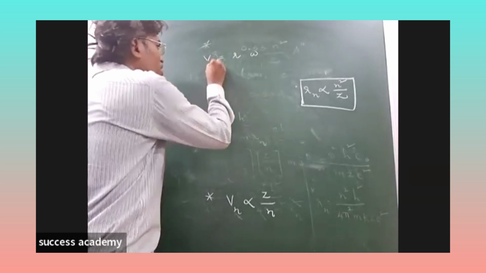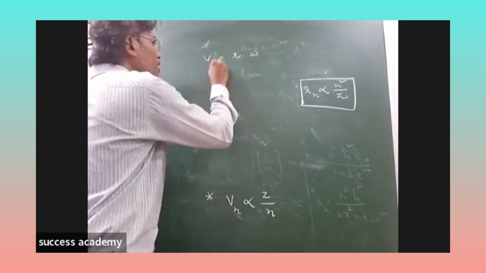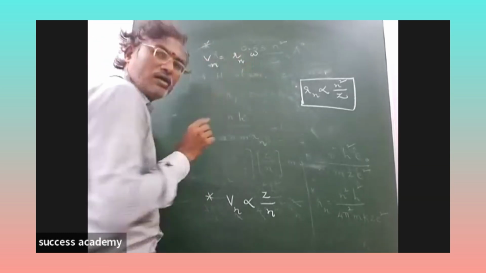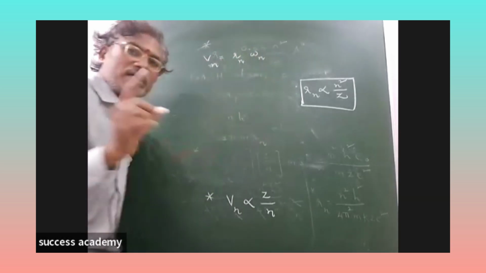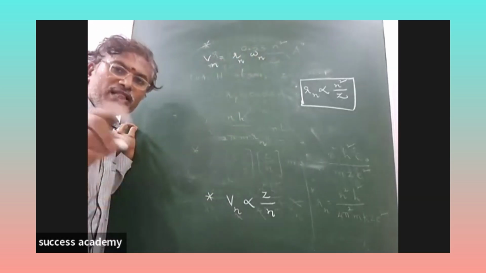So Vn is the velocity of the revolving electron in the nth orbit, Rn is the radius of the nth orbit, and omega n is the angular velocity of the revolving electron in the nth orbit.